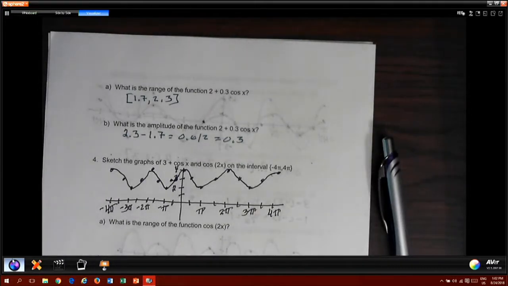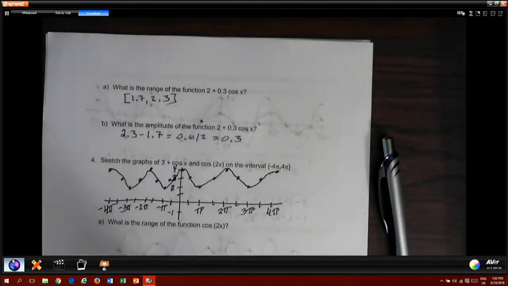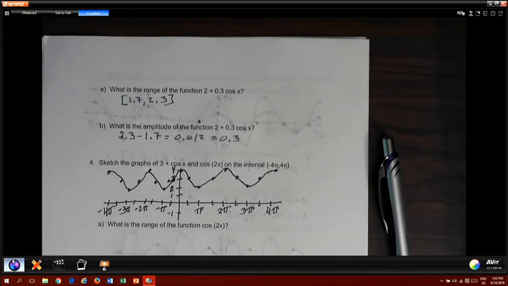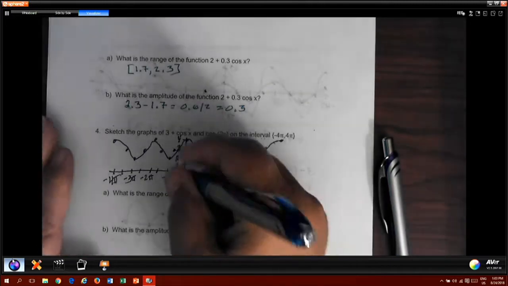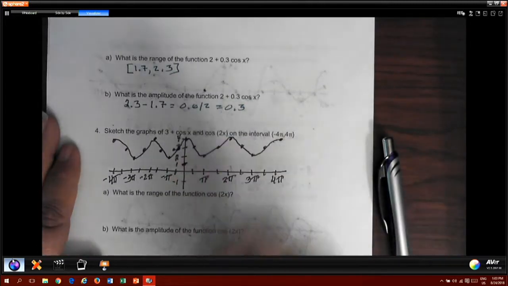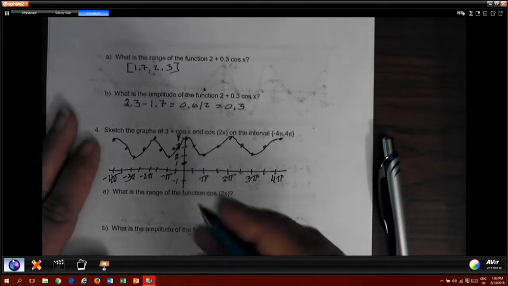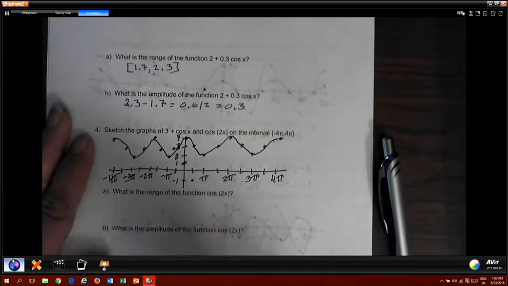Now, what's going to happen with that cosine of 2x? It's still going to be the shape of the cosine graph. And we're going to have the range from -1 to 1, because that's what it is for the general graph. But now we're doing a 2x instead of x. So cosine at 0 is still 1. Cosine at pi over 2 is going to be the same thing as cosine at pi, which is a negative 1.